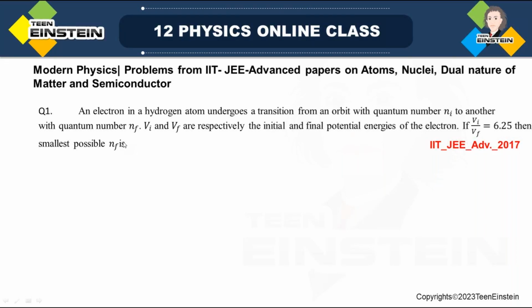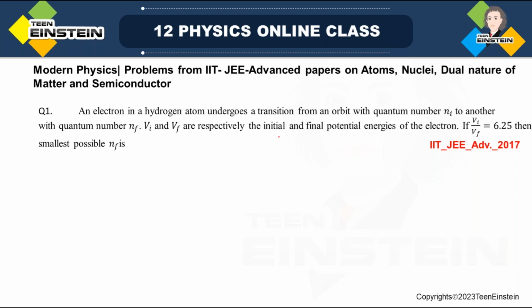So this is the question from JEE Advanced Paper 2017. So let us try to understand this question and solve this. An electron in a hydrogen atom undergoes a transition from orbit with quantum number Ni to another with quantum number Nf.